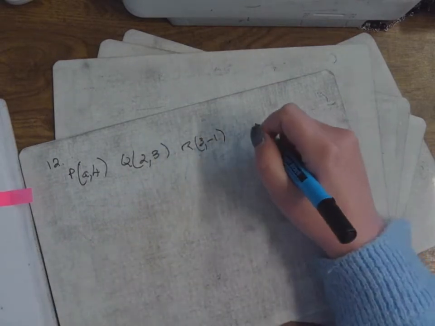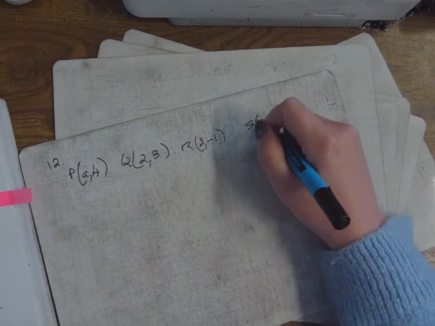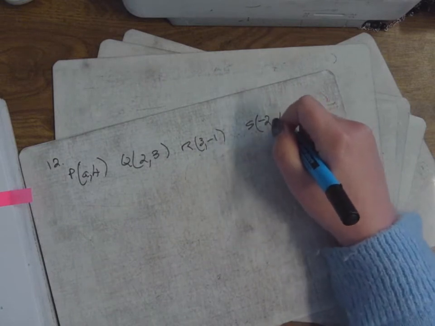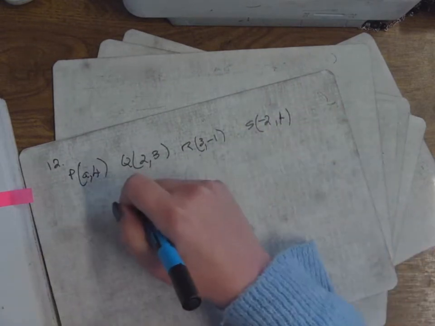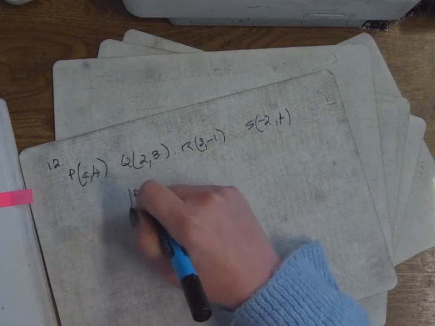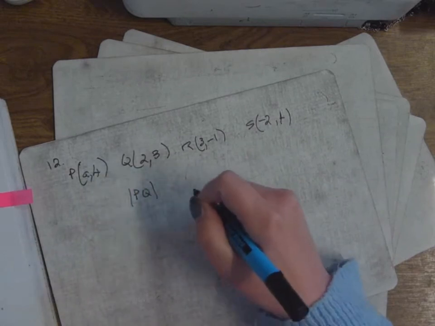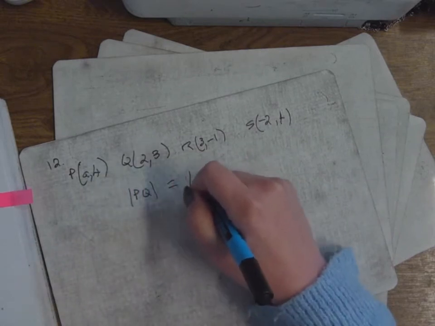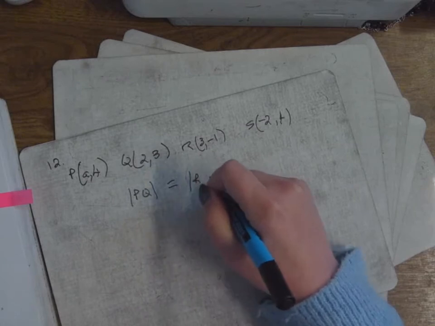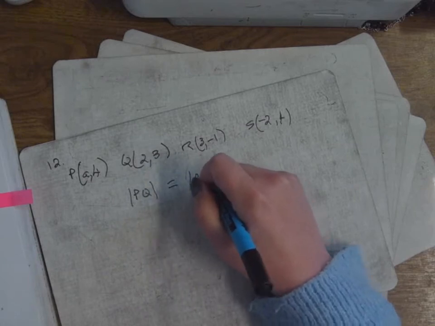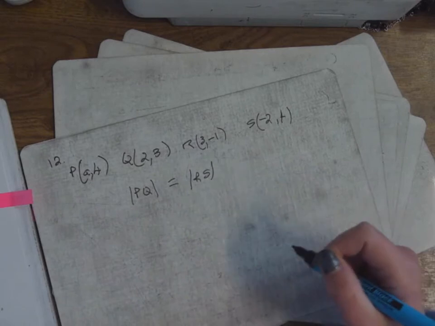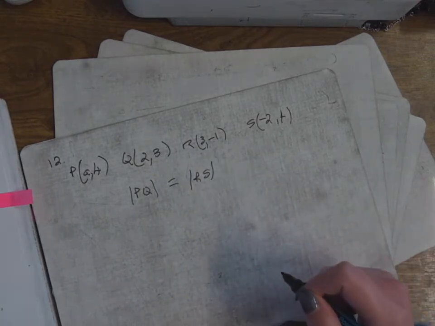And S is minus 2, 4. Then it says the length of PQ is equal to the length of RS. Find the possible values of A, so there's going to be more than one answer, right?